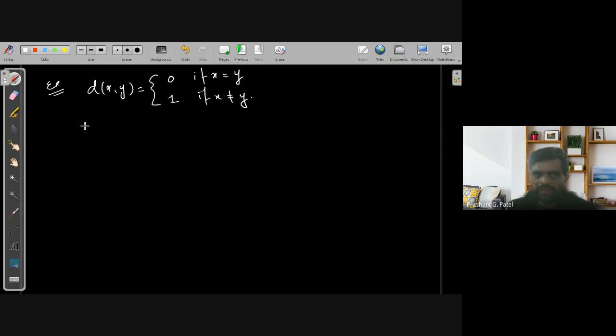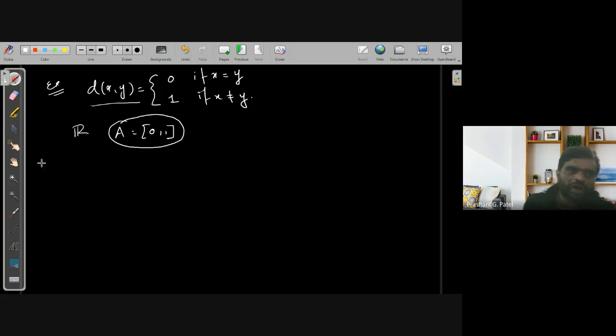If I take R, and in that I take the interval [0, 1], what will be the limit point of this set in this metric? So R with a discrete metric.